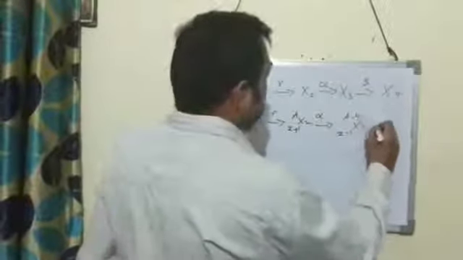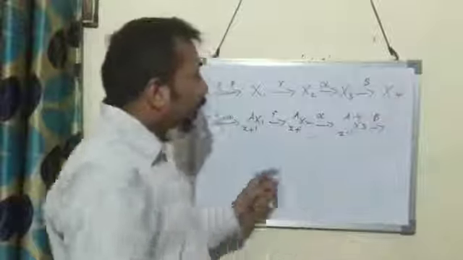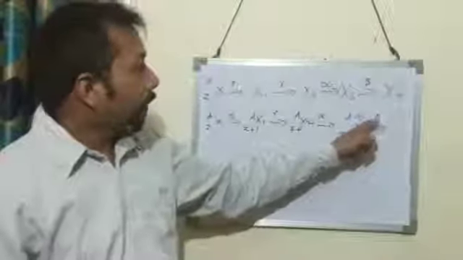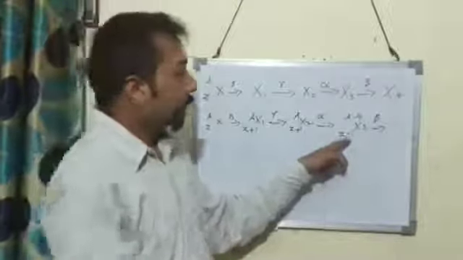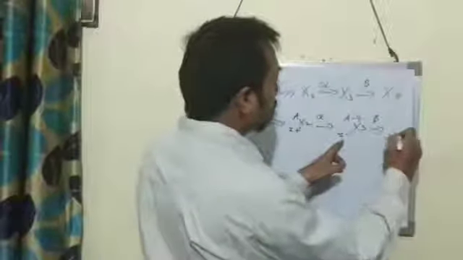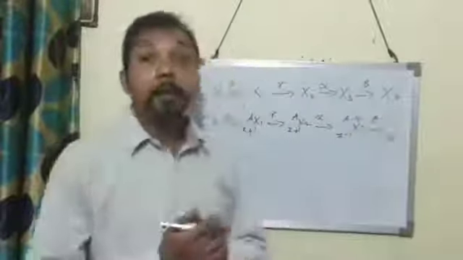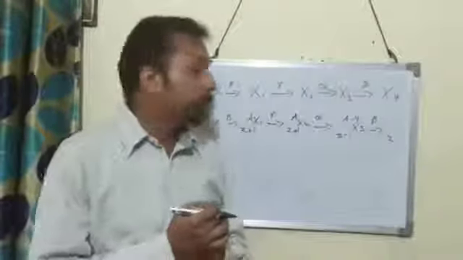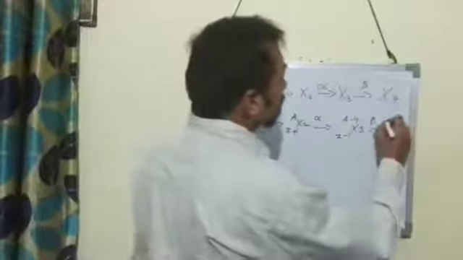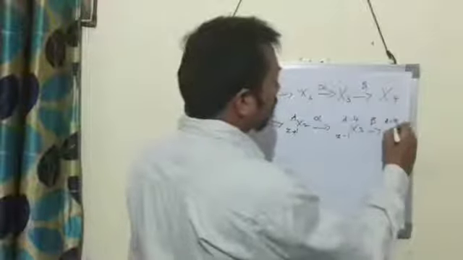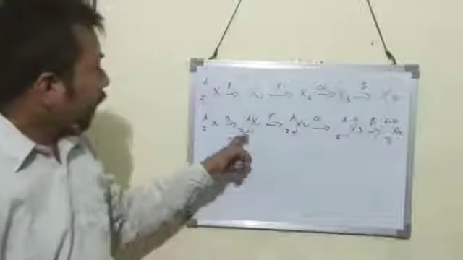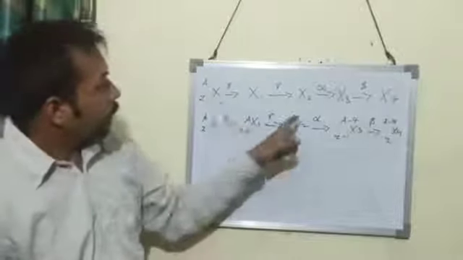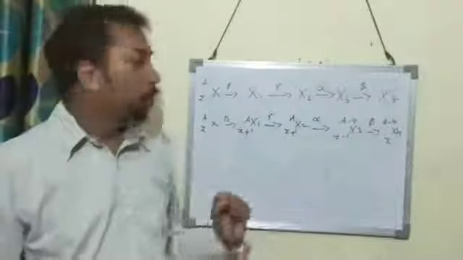Then it emits a beta particle, and during emission of a beta particle, atomic number increases by 1. Then Z minus 1 plus 1 will be Z, and the mass number remains the same in beta emission, so it will be A minus 4. That is element X4. So these are the atomic numbers and mass numbers of X1, X2, X3 and X4.